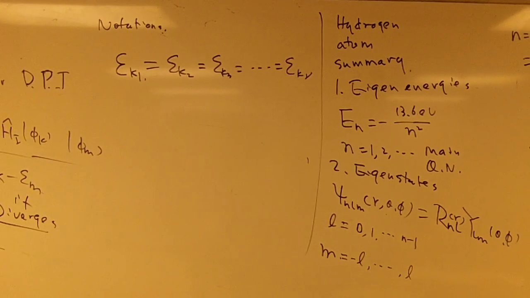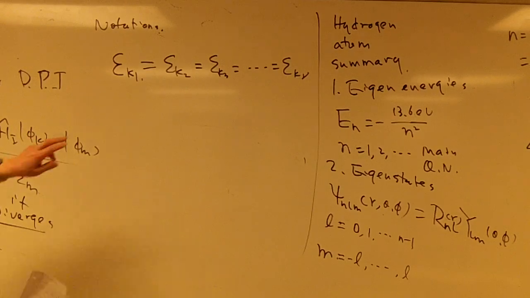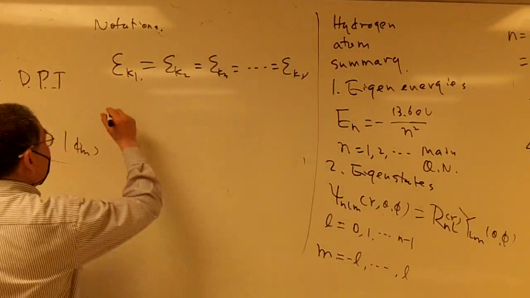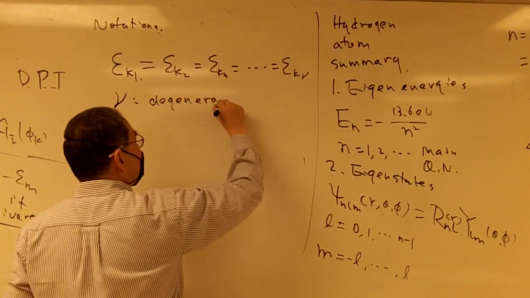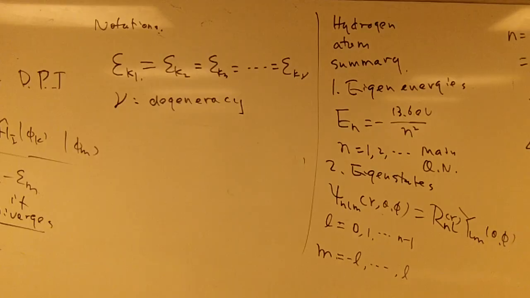That's the notation. This 1, 2, 3, this mu refers to the degeneracy. If you say doubly degenerate, then mu equals 2. For our 3 p states, mu equals 3. That's usually called the degeneracy itself.